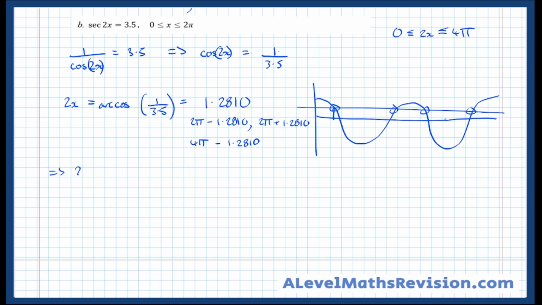So let's work those out, which means that 2x equals 1.2810.